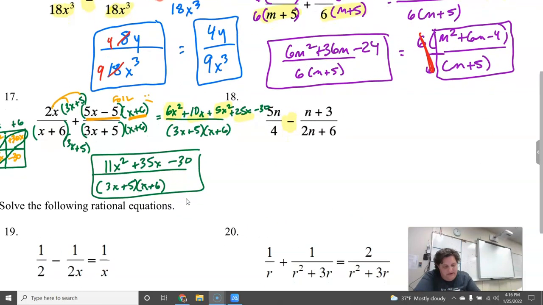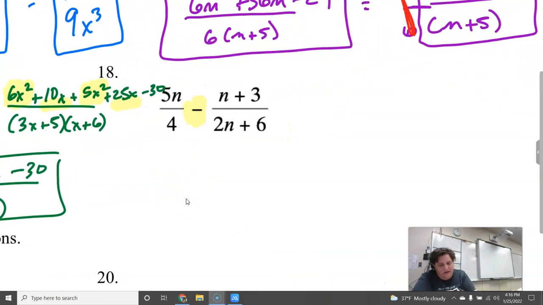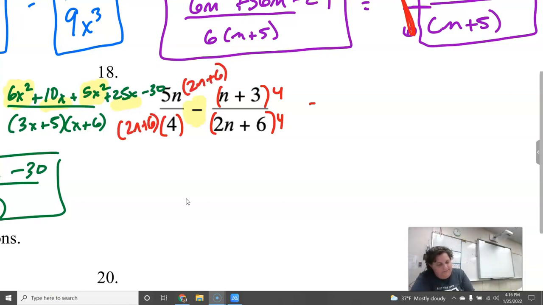And now let's take a look at number 18. On this side, I have a 4, so this side needs a 4. This side I have a 2n plus 6, so this side needs a 2n plus 6 right over here. On the bottom then, I have 4 and 2n plus 6.